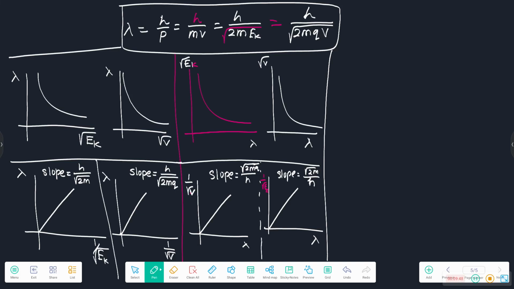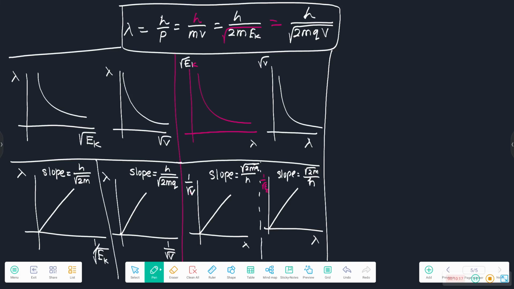Be careful about these graphs. So when you do the 1 by root v and lambda graph, the slope is root 2mq by h. When you do the 1 by root k and lambda graph, the slope is root 2m by h. Okay, be careful while solving these graph questions. Check correctly what you are taking on the y-axis and x-axis, and what is given in the question.